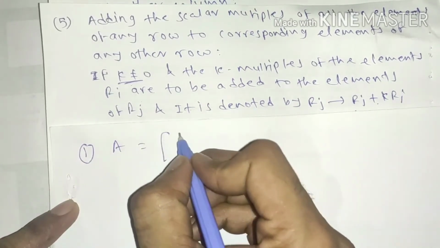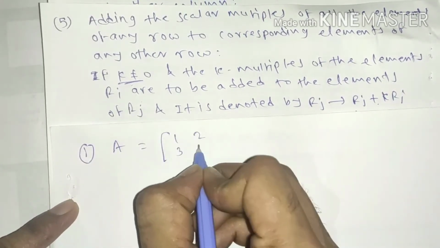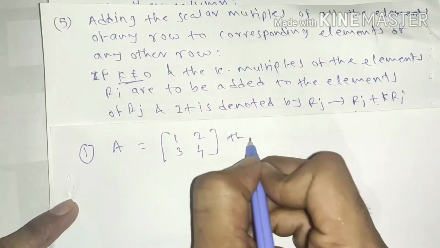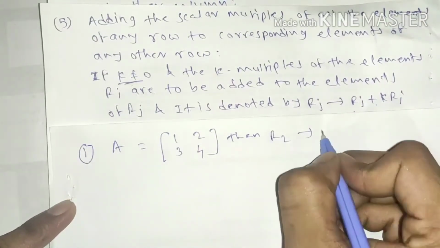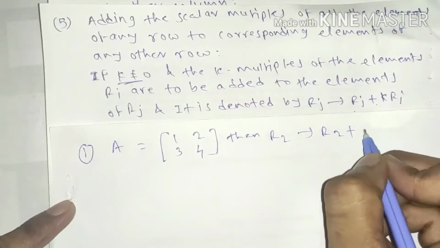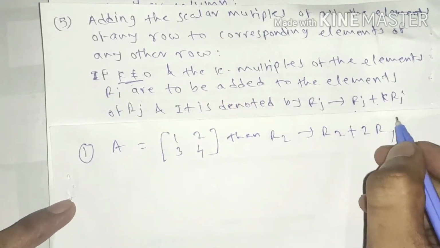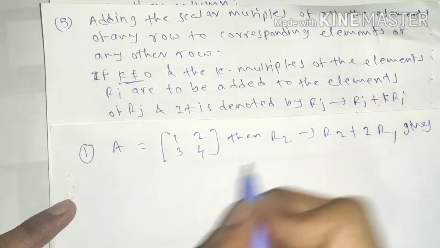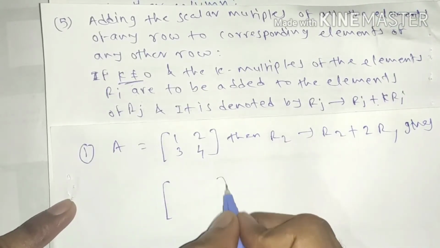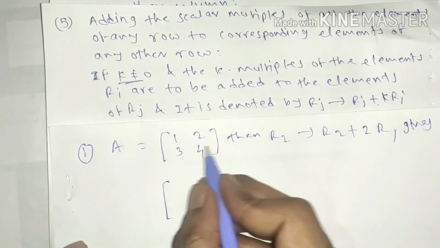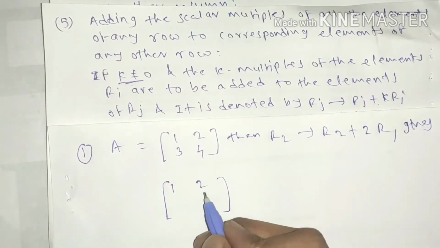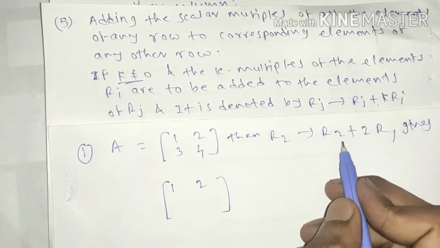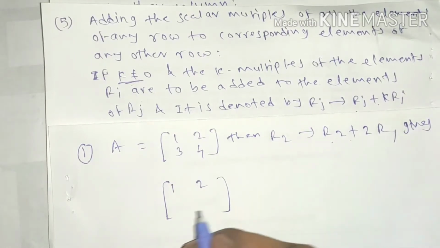So, A is 1 2 3 4, then R2 changes to R2 plus 2 times R1 gives the new matrix. So, the first row is the same, 1 2, and the second row will be R2 plus 2 times R1.